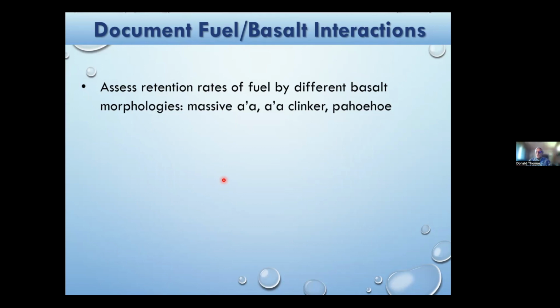Likewise, the basalt will hold on to some of that fuel. And so a spill of a certain size, as Bob mentioned early in the presentation, may not even make it to the water table. And so what we want to do is understand how much fuel is retained in the vadose zone and how large a fuel release would actually make it down to the water table and form this LNAPL plume on top of the water table.